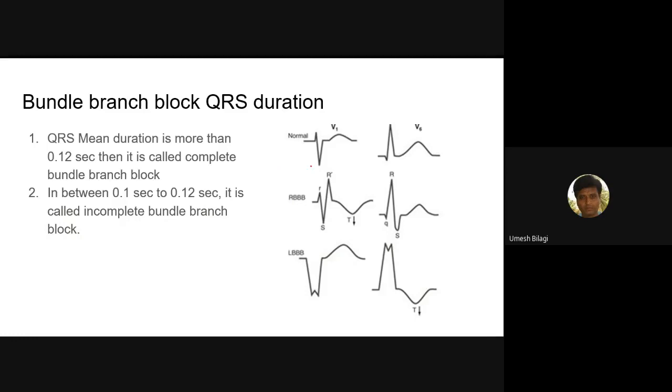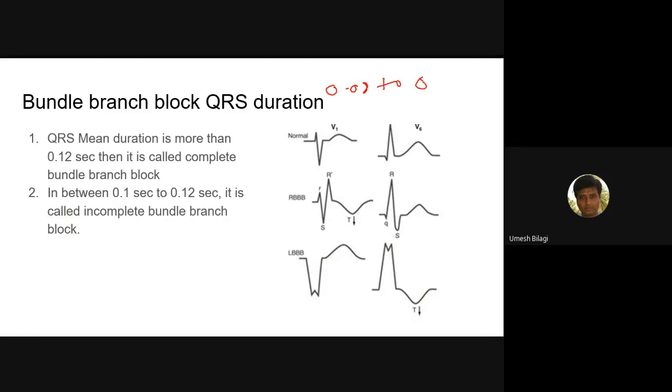So that's why in bundle branch block the QRS duration is more than 0.12 in complete block. Why does it happen? Because the depolarization is happening from one myocyte to another myocyte. That is the reason the QRS duration will increase. What is the normal QRS duration? Smriti?